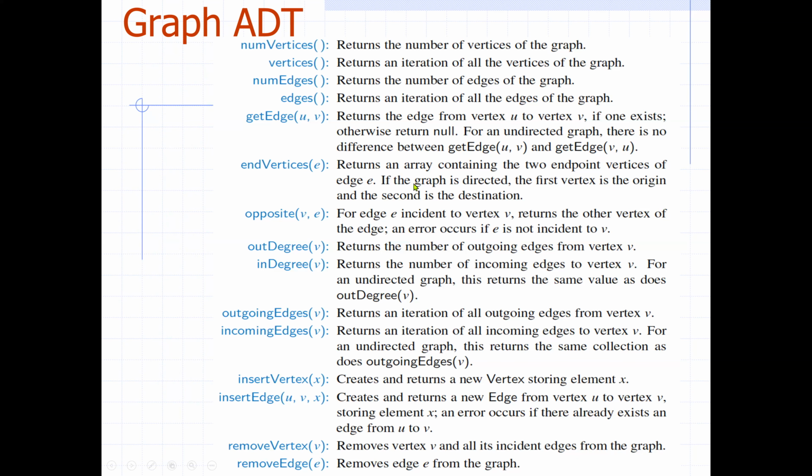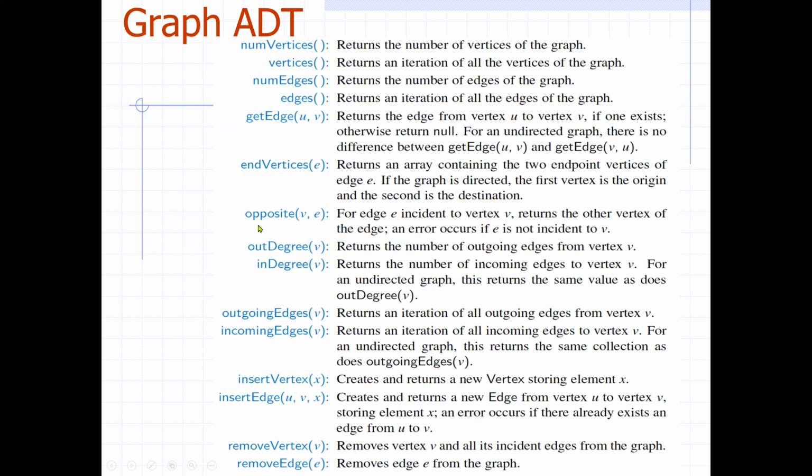We also have the method end vertices. This will return an array containing the two endpoint vertices of an edge. That's why the argument is the edge. Now, if the graph is directed, then the first vertex will be the origin, and the second vertex will be the destination. If it's undirected, we don't care, because either one can be origin and destination.